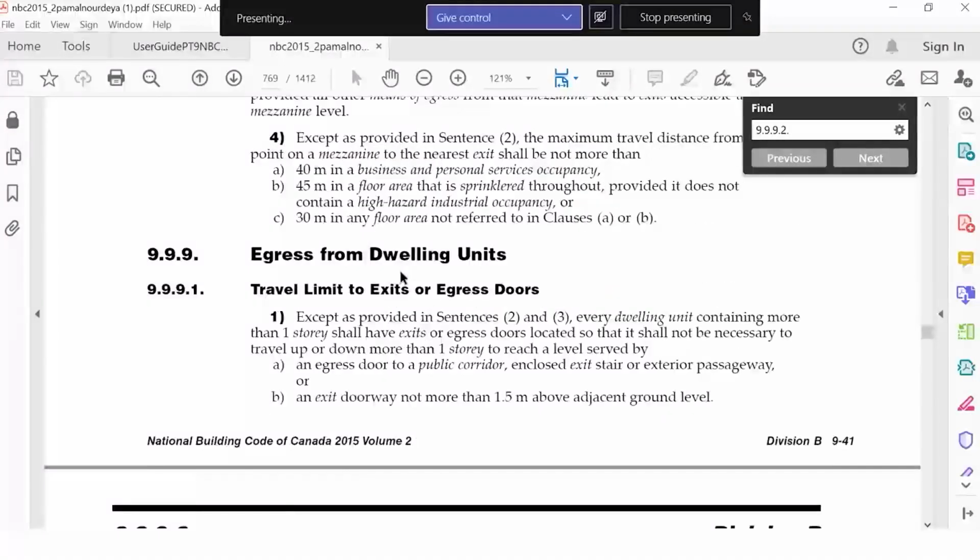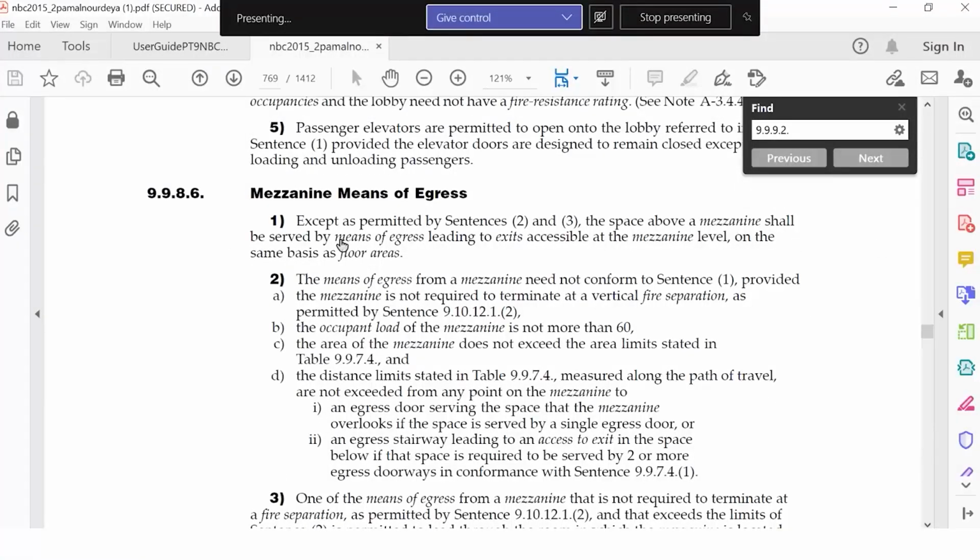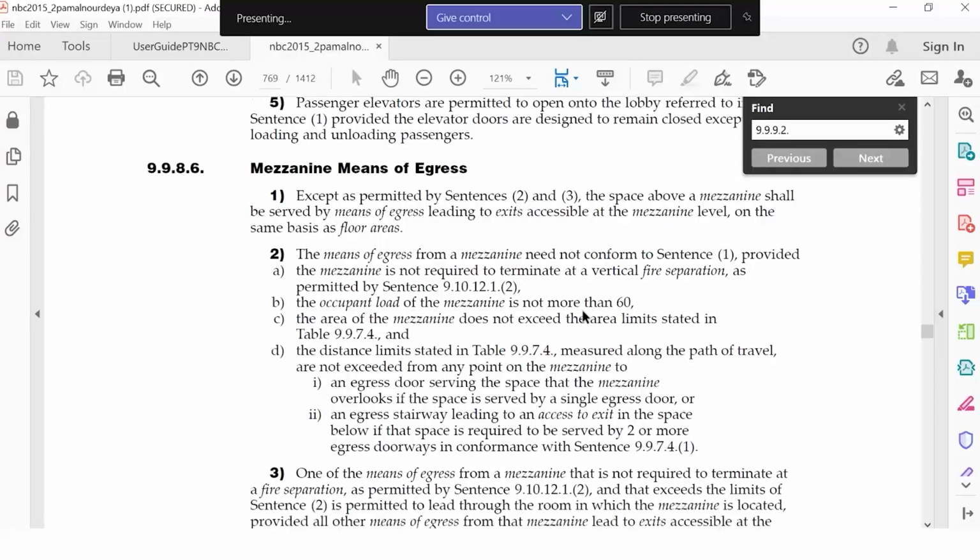Mezzanine exits, it's similar to Part 3. The means of egress from a mezzanine: the space above a mezzanine shall be served by means of egress leading to exits accessible at the mezzanine levels on the same basis as floor areas. Now you've got exceptions.